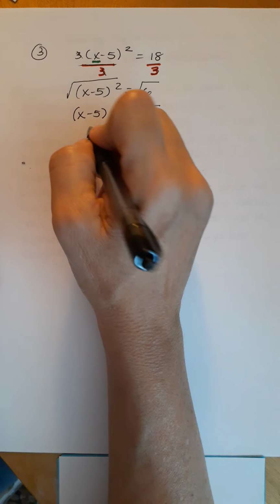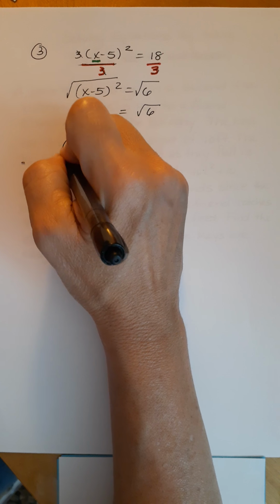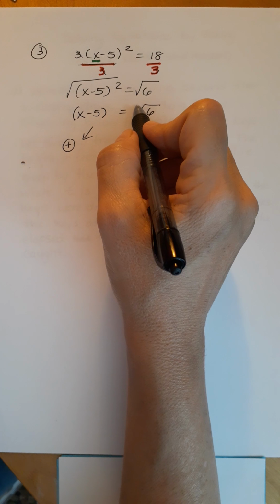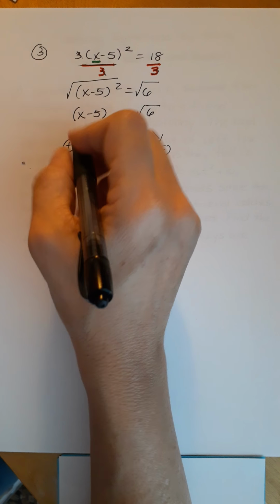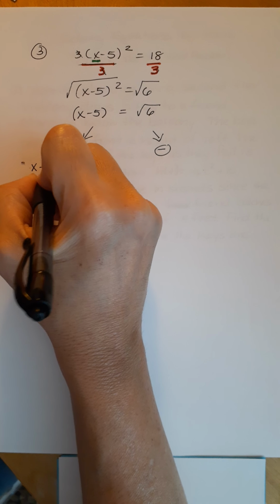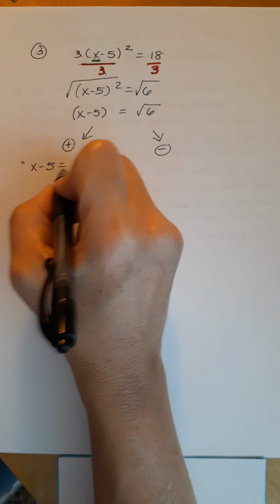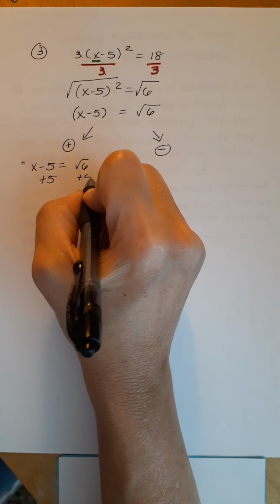Now we're going to look at the positive and the negative, because this could be positive or negative. So x minus 5 equals the square root of 6. To get the x alone, we add 5 to both sides.